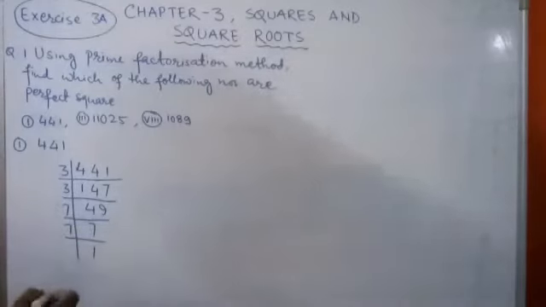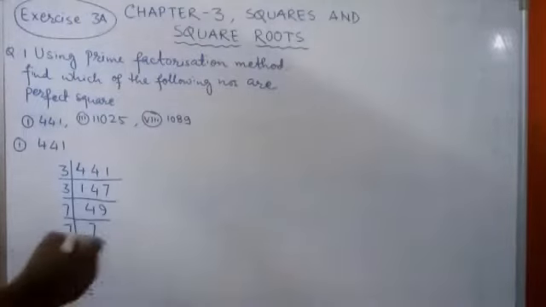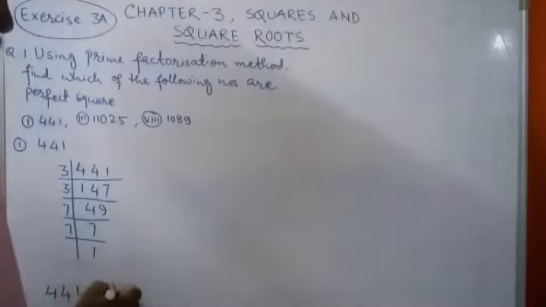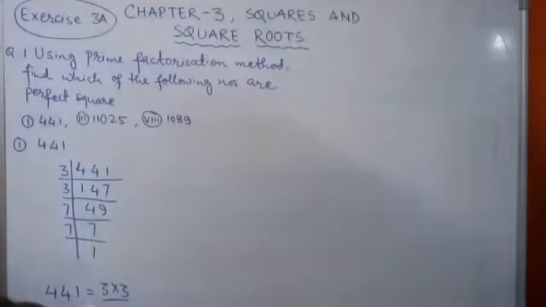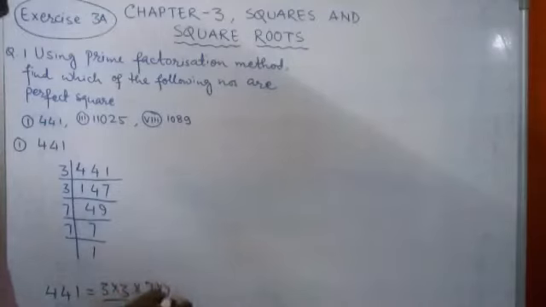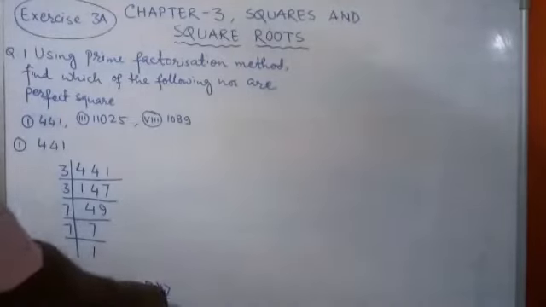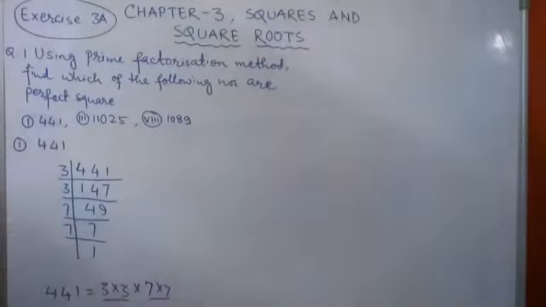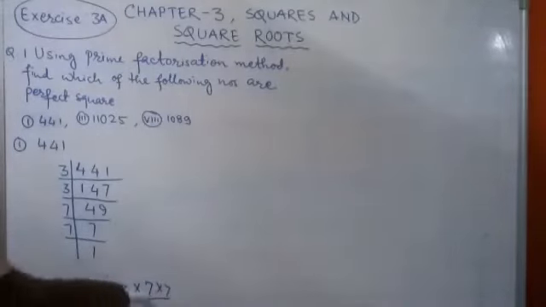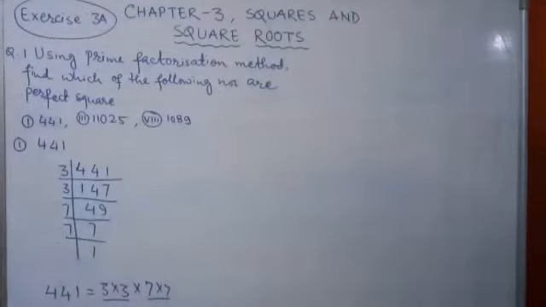That means 441 is a perfect square number because its factors are 3 into 3 into 7 into 7, which is a perfect square, because here 3 is multiplied by itself, 7 is multiplied by itself. These are all natural numbers. These are also prime numbers. The product of these numbers is 441.